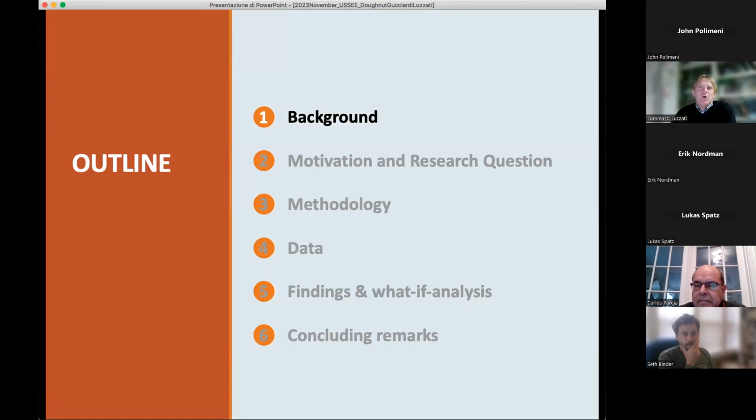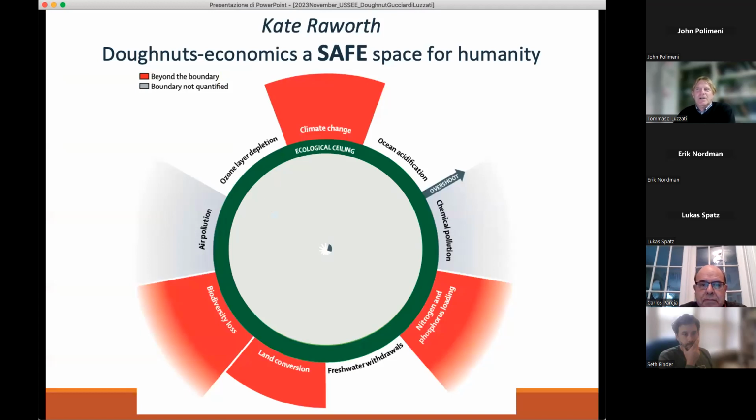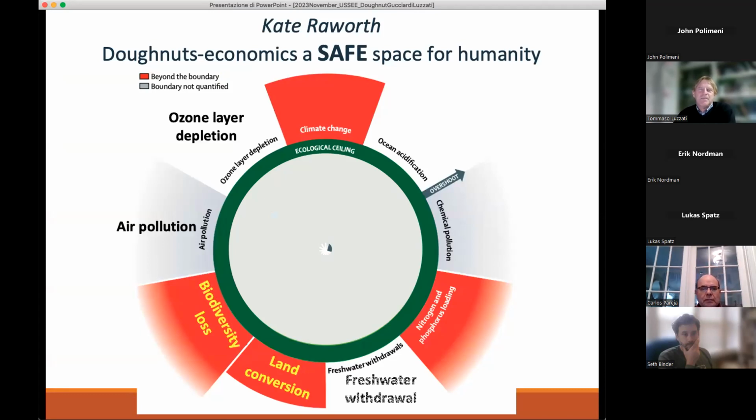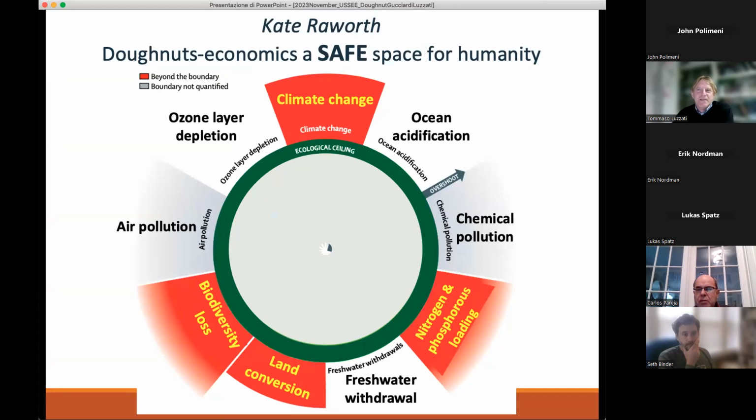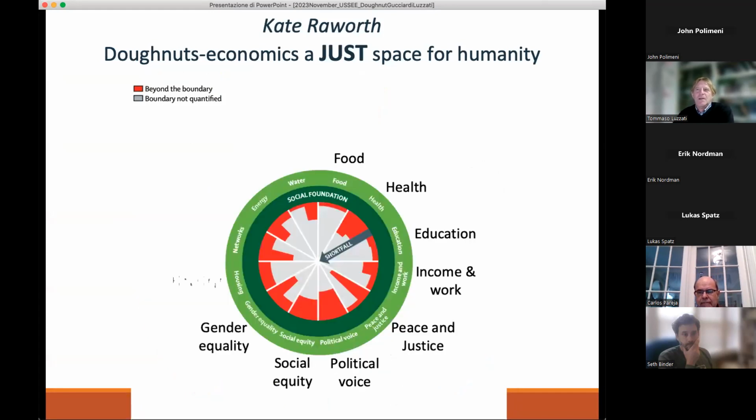You have probably all heard about donut economics, so I will only briefly recap it. As you know, the core idea is to combine the planetary boundaries, as developed by Johan Rockström and colleagues, that you can see in the slide, more than a decade ago. And actually, a recent paper just came out in September, recalculating and showing the situation is much worse than it was in the previous one.